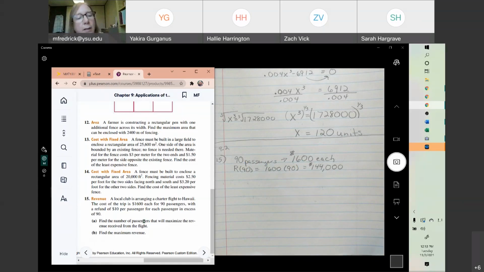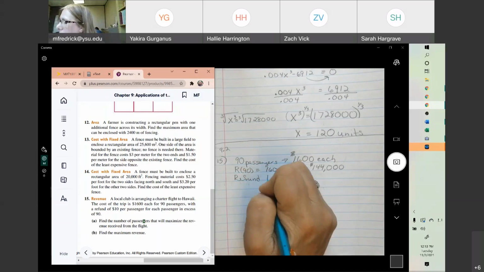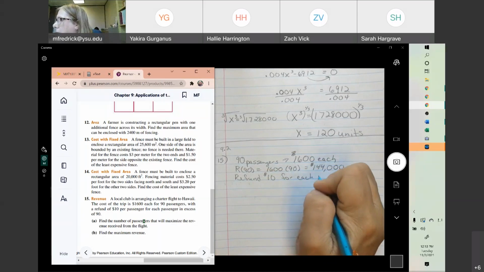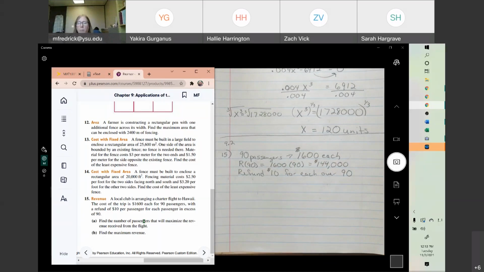Now it says there's a refund of $10 per passenger for each passenger in excess of 90. Now there's a couple ways you can find this value. You could let X be the total number of passengers, or you could let X be the number of passengers over 90.